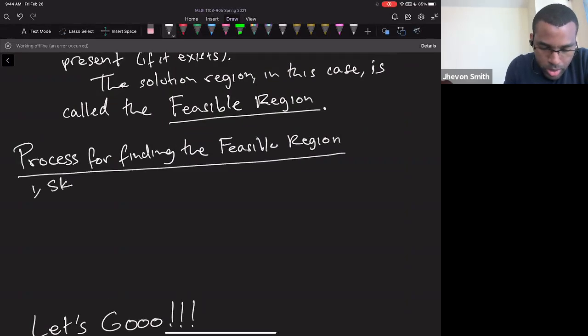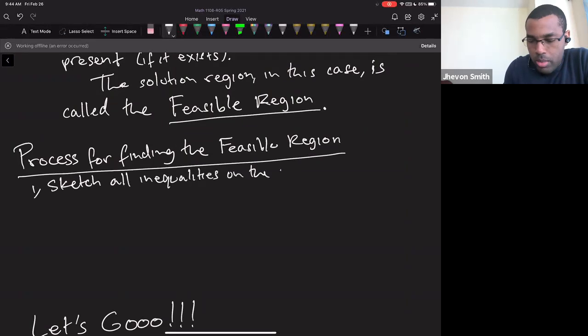One, sketch all inequalities on the same axes.